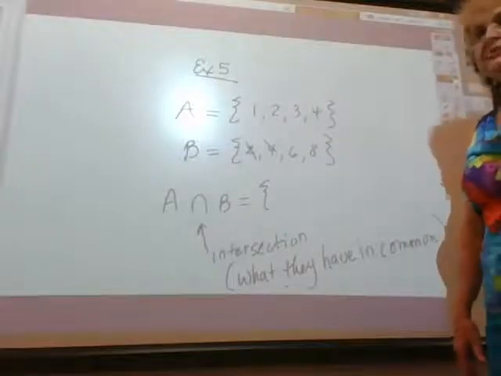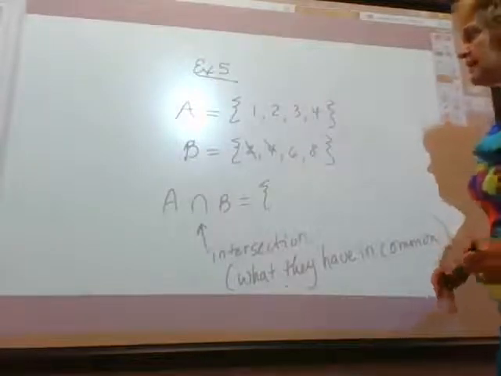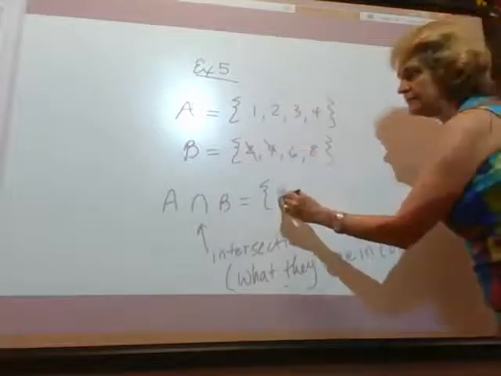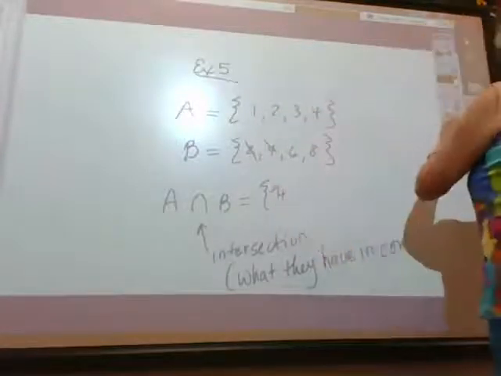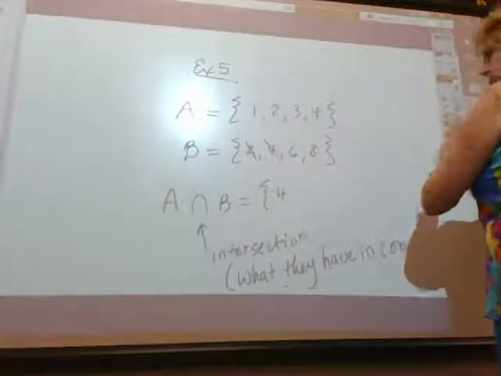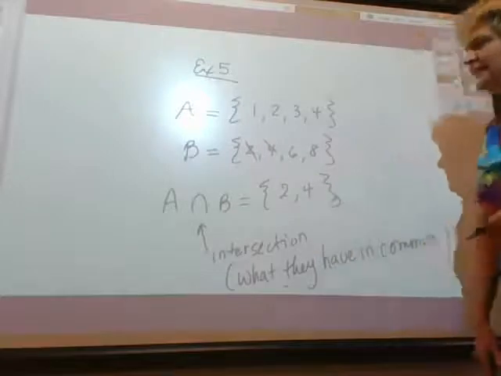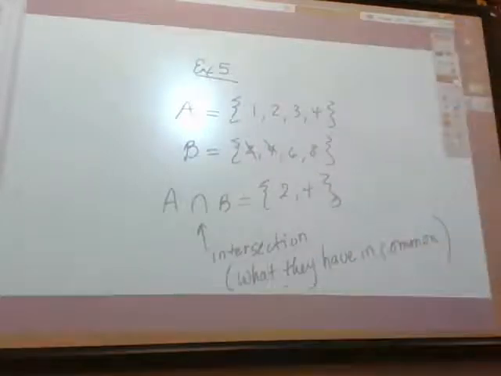So what do set A and set B have in common? 2 and 4. Let me write them in order. That would look nicer, wouldn't it? It doesn't really matter.